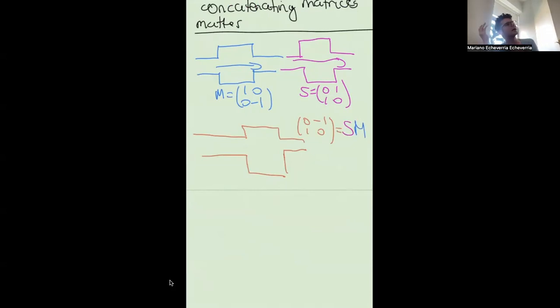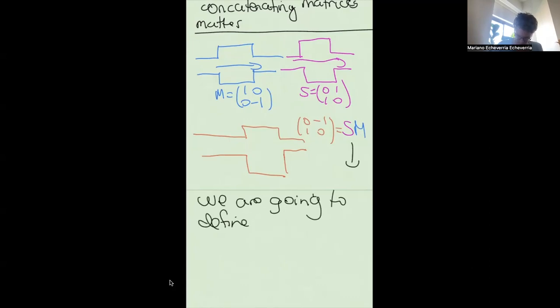What I'm trying to say is that we're going to define the matrix multiplication, and the result of that multiplication will be this concatenation matrix, the matrix you get by concatenating the processes.